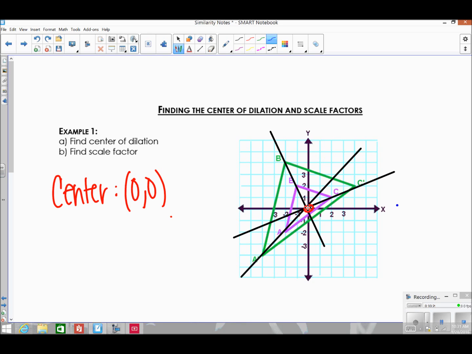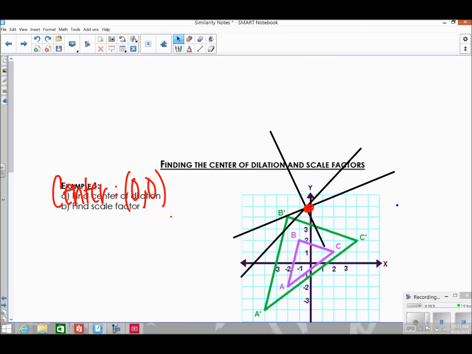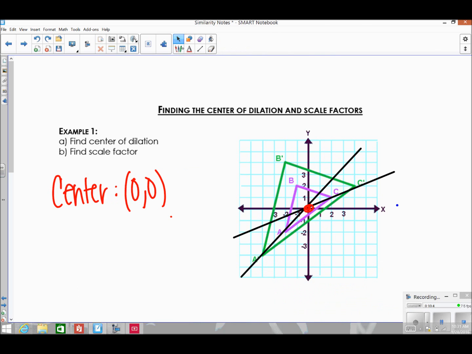So let me get rid of these lines, just delete this line here. If I'm looking from the center to B, left 1, up 2, to get to B prime, I had to go left 2, up 4.